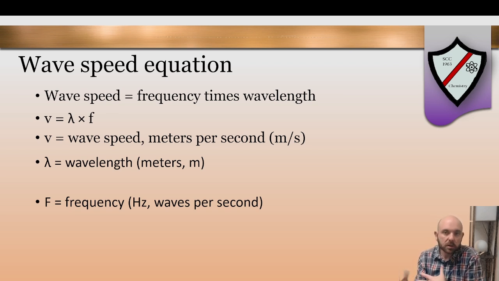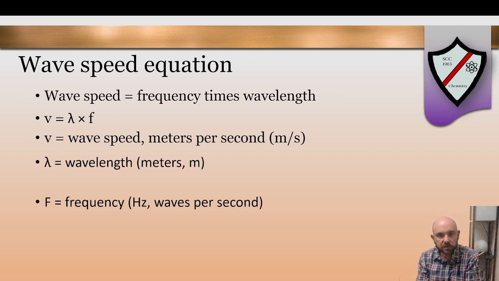I've given you all of the variables and the units that they're going to appear with in your questions here. V is equal to the wavelength times the frequency, and V is measured in meters per second. Wavelength, which is symbolized with the small lowercase Greek letter lambda, has the units meters.